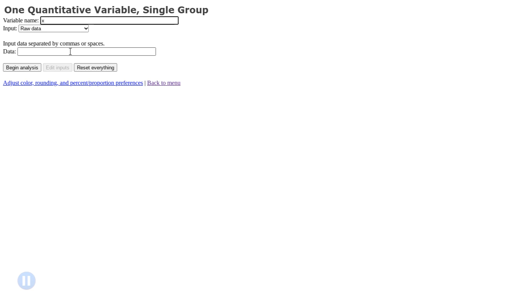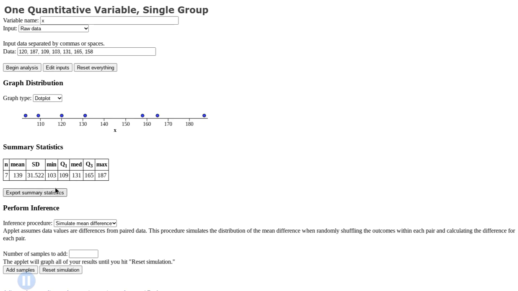Let's do the x's data. So you're going to put in x's was body weight. So 120, 187. Okay, analyze that. So here we've got our mean and our standard deviation, 139.